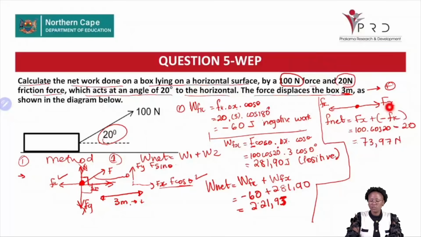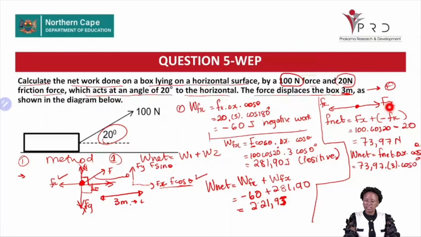The moment I'm done calculating Fnet, I go to the formula. Work net is equal to Fnet delta x cos theta. Then I can substitute. So my work net will be equal to, what is my Fnet? 73.97 multiplied by 3 multiplied by the cos of 0 degrees.